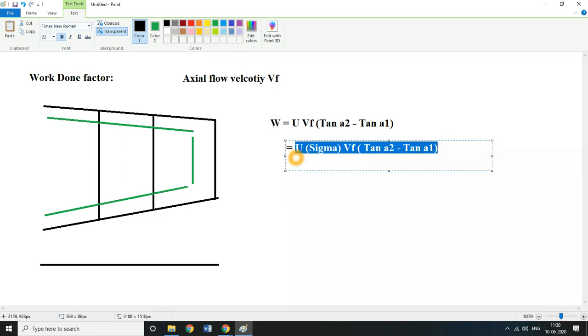And this is also equal to tan beta 1 minus tan beta 2. So this is like a correction factor sigma.